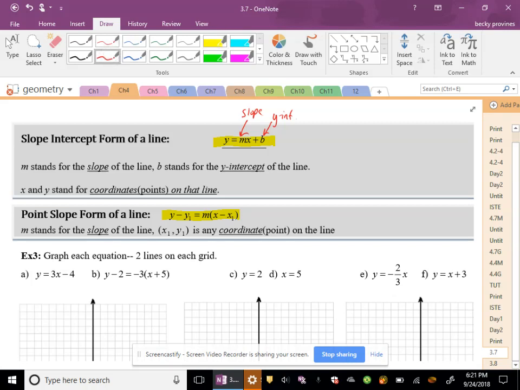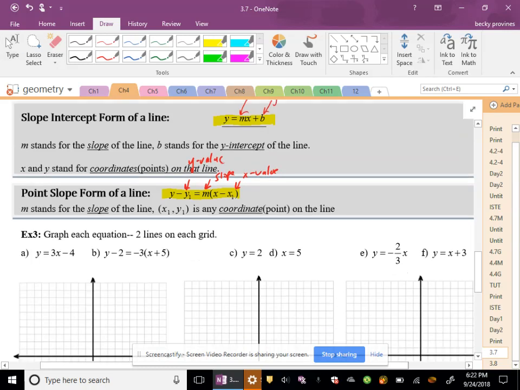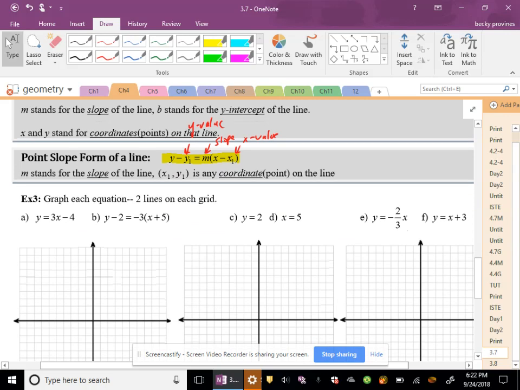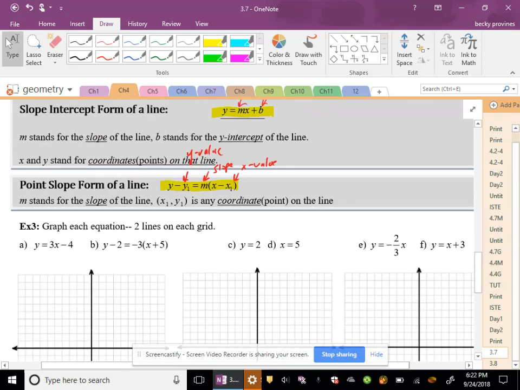In point-slope form, your slope still is the m, but this x1 and y1 represent the point. So x1 is the x value, and y1 is the y value. So I'm going to show you how to do all of it. On the next one, it says we're going to graph some equations. So it just depends on how it's set up, which kind of equations you like to work with.